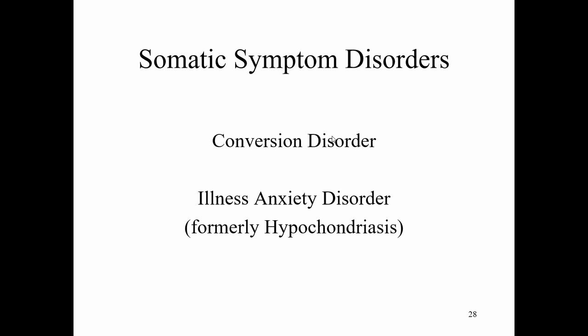The second one on our list is illness-anxiety disorder. In this one, which was formerly called hypochondriasis, the person has a dread fear that they have some grave illness, that there's something just terribly wrong with them, although when examined medically, this is inaccurate.